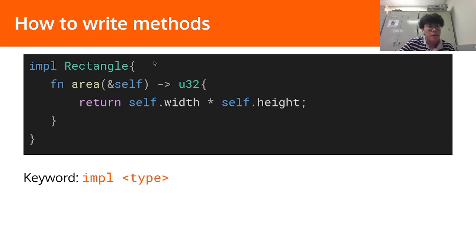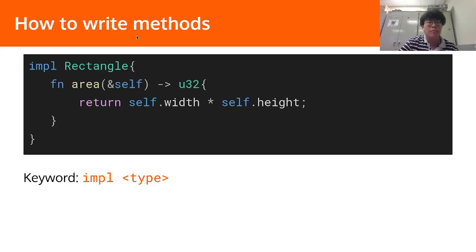To actually define a method, what you need to do is write this impl, which some people call an impl block, but basically it's short for implements, and you just write impl and then the type. The type here we have is rectangle, and every function that you define inside there will be called an associated function, right?